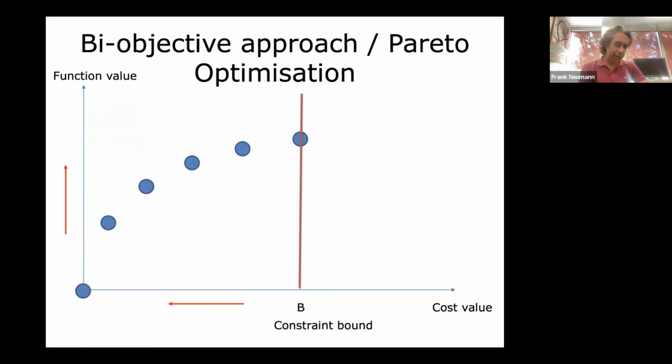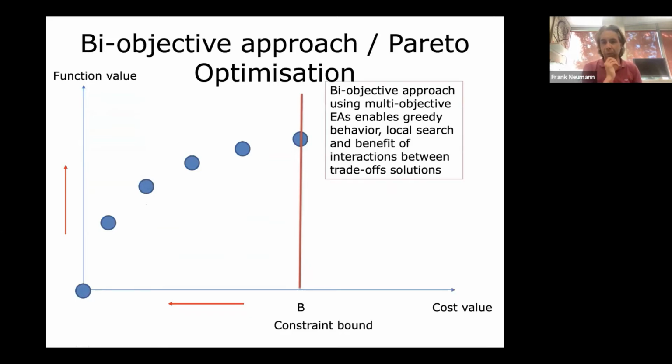Okay, so what do you get out of the results? Usually what you get is that this bi-objective approach using these multi-objective evolutionary algorithms enables the greedy behavior of the algorithms. And it also allows you to do local search and benefit from the interactions between the trade-offs of the solutions. Okay, so you're essentially working with a population here. You can add elements in somehow in a greedy way and create good solutions.